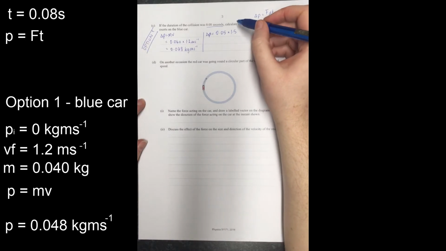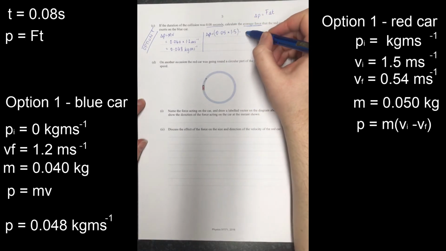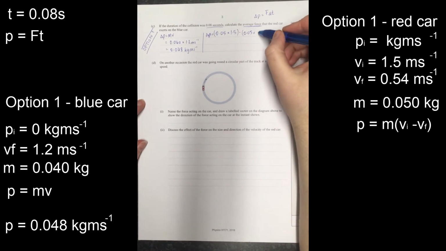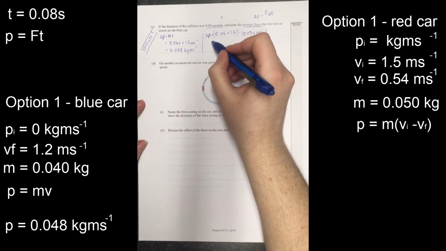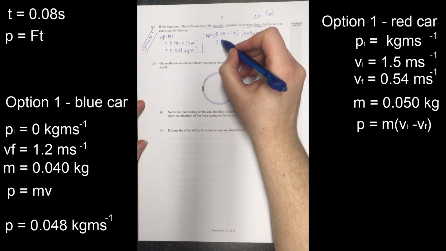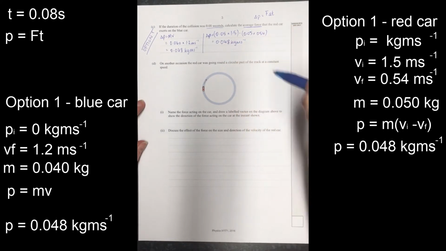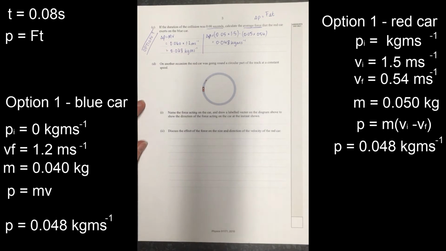That was the initial. And then we're going to minus 0.05 times the final velocity, which you worked out in B, which was 0.54 meters per second. Put that into your calculator and you should end up with 0.048 kg meters per second. So you've got the two options there.